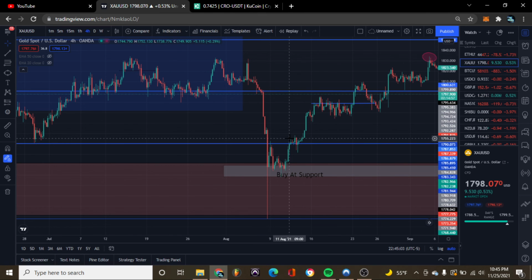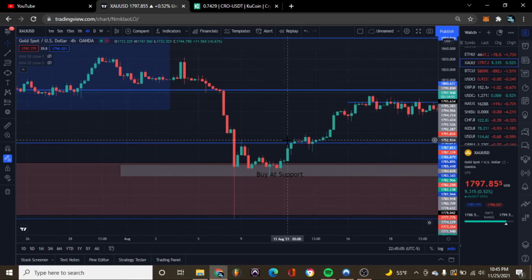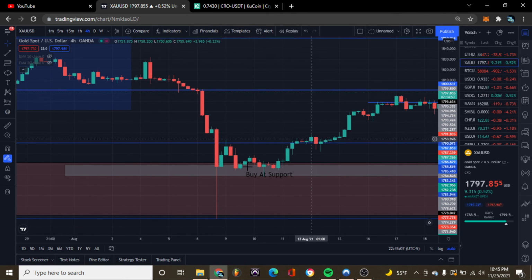It goes back up. But look, price ends up crossing this last lower high. This last lower high. And then you can see how the candlesticks start to get smaller. That means that it's losing momentum to the downside, which means it's about to reverse.